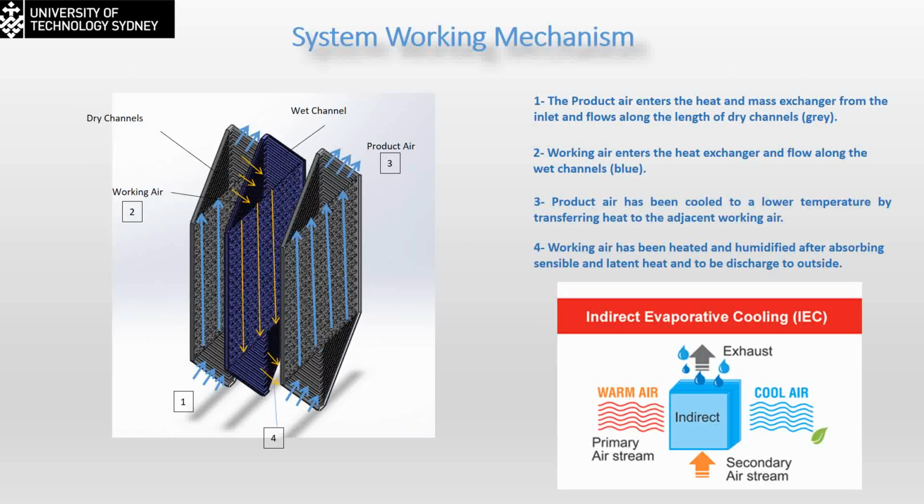So the concept is we're going to have parallel channels, wet and dry in the indirect cooler, or hot and cold in the case of the heat recovery ventilation system. As you can see, we are going to have the primary air, which is the fresh air in this case, running through the dry channel, doing heat transfer with the plate wall.